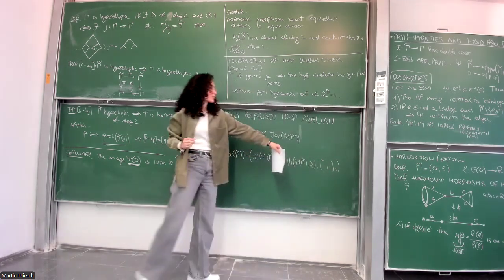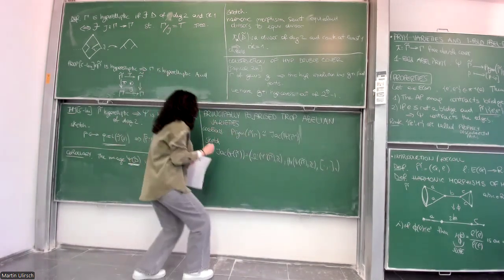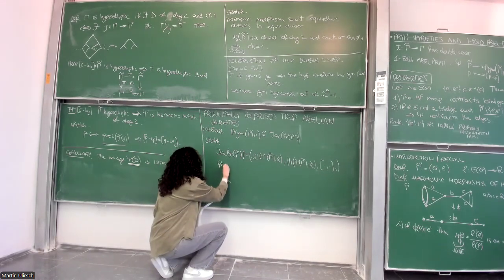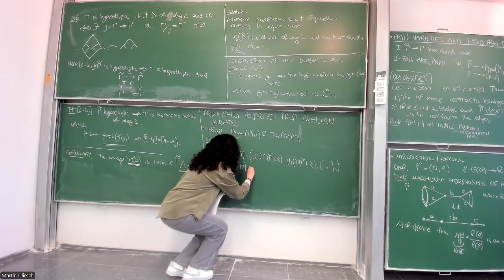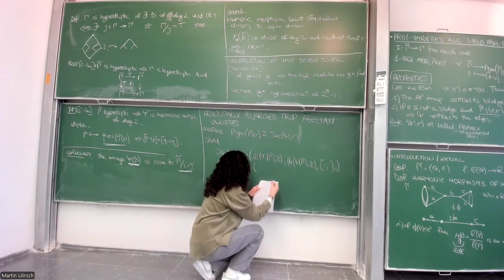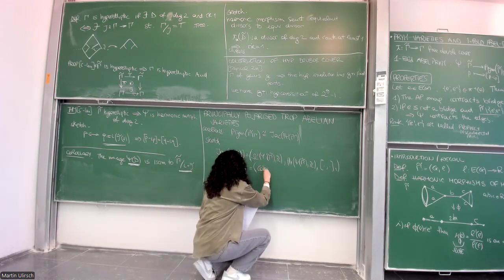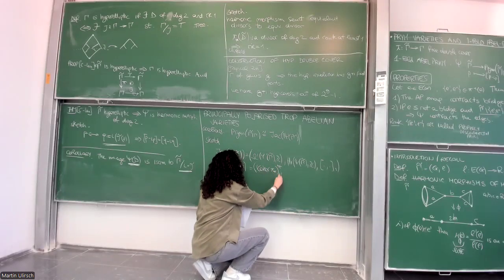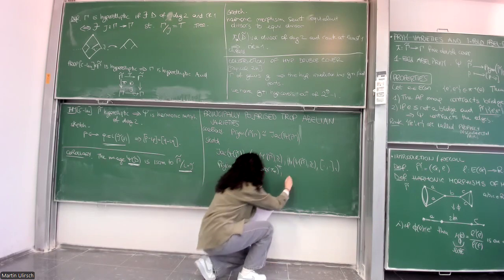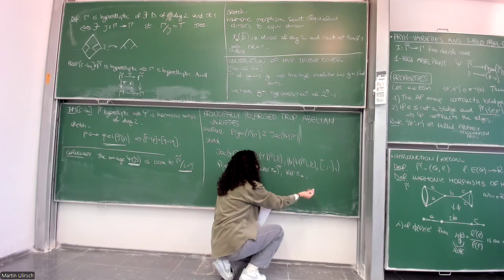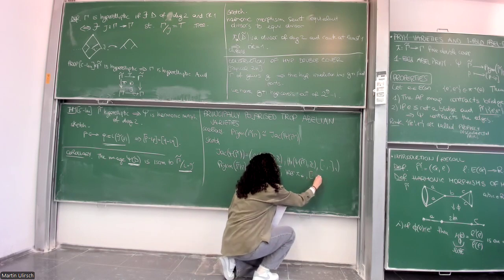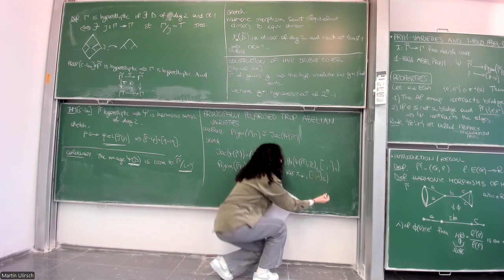I will also explain how to construct the intersection pairing. The Prym is given by two different lattices, the cokernel, the torsion-free part of the cokernel, the kernel of the map, and an intersection pairing that comes from the Jacobian.